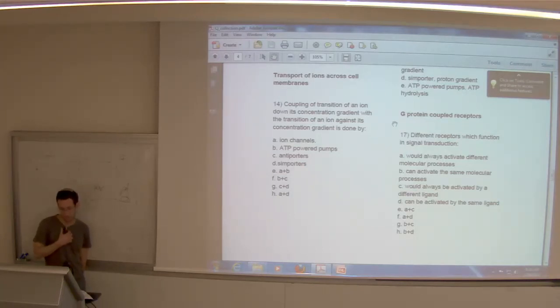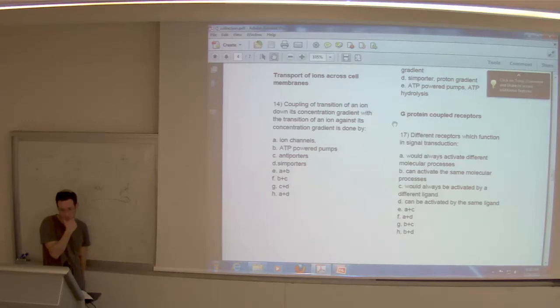ATP powered pumps generally no, because you have coupling of transition of an ion down its concentration gradient with the transition of an ion up its concentration gradient, not a coupling between chemical energy by ATP hydrolysis and drawing an ion up its gradient. You have a coupling of downhill transition and uphill transition.